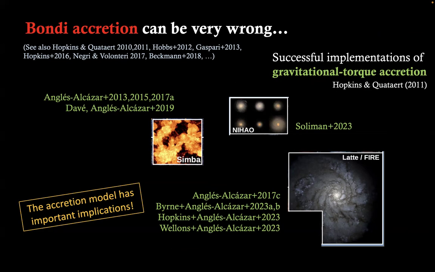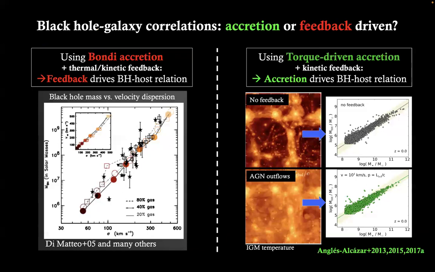So I think there is a lot more work that needs to happen in this direction, in particular because depending on how we parameterize black hole accretion, what we understand, for example, in terms of the physical mechanism driving the black hole galaxy scaling relations can be completely different.